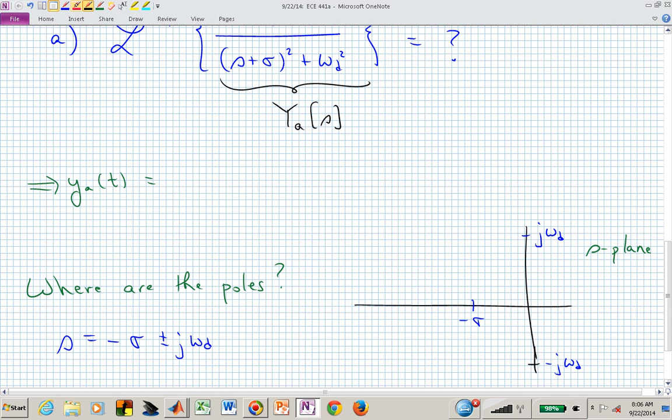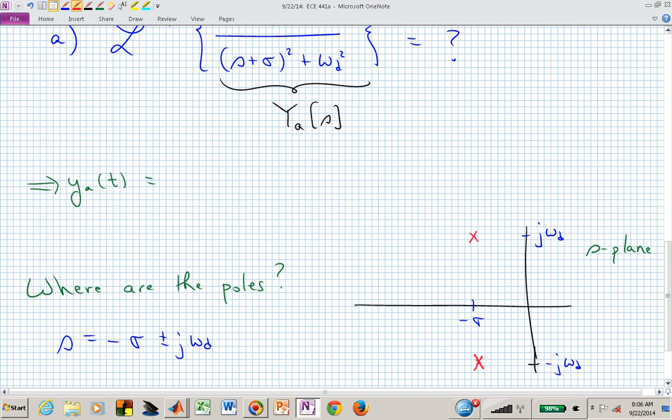We have two of those poles. We don't have any zeros. We don't have any open circles. There's our poles. And now what would little y sub a of t look like?